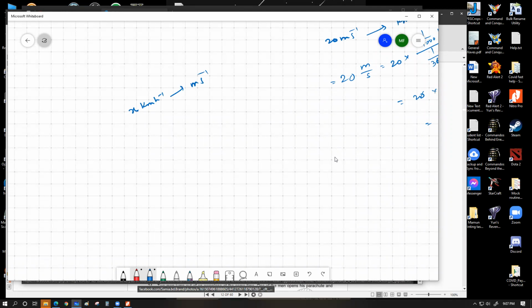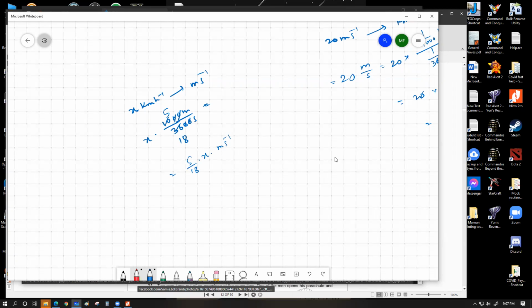This is a shortcut where you have to remember something, which would mean I have to convert this thing into 1000 meter divided by 3600 second, which brings us, if I do the math, the zeros cross out, 10 gives 5, and the other gives 18, which means x kilometer per hour should be equal to 5 by 18 into x meter per second.